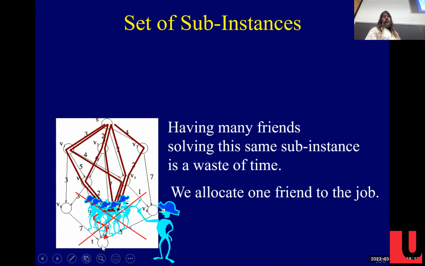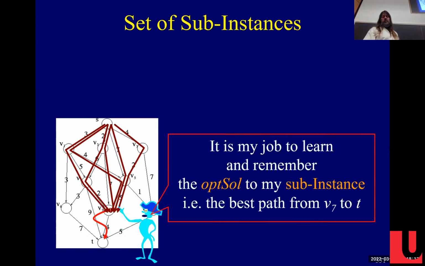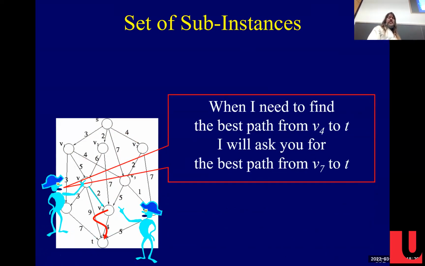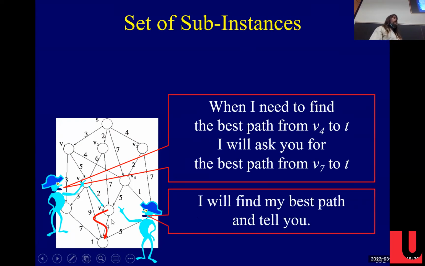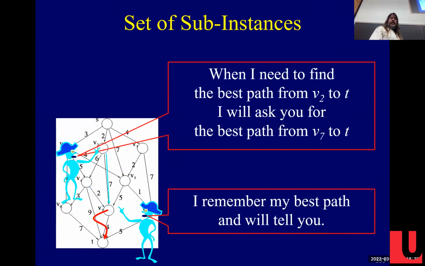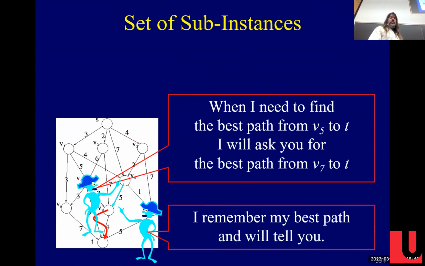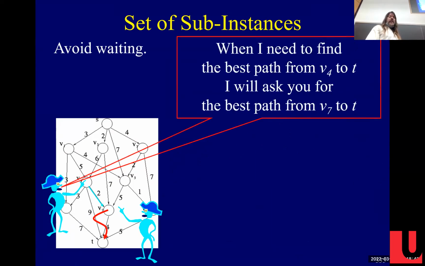So we just allocate one friend to that, and his job is to find the shortest path from V7 to T. And then when this guy is trying to solve his problem, he's going to ask him, and he's going to already have the solution. All these people are going to ask the same guy.